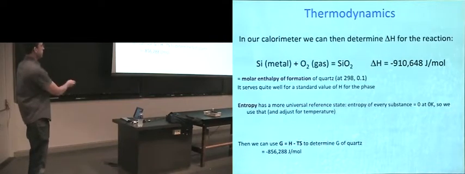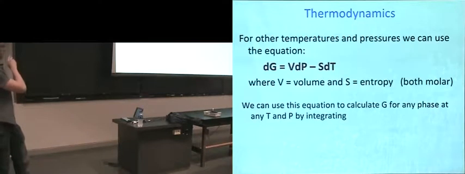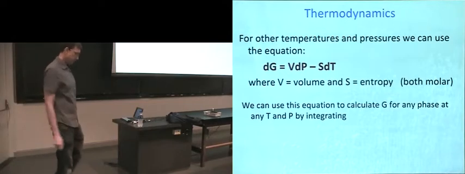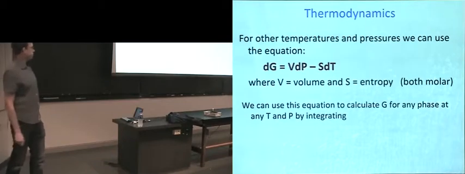So we can actually use this to calculate the G of quartz. We know this was measured in the lab. Temperature we know, and the entropy is something that we can get by basically playing this game. The important thing, and I've had a couple of questions about things at pressure.